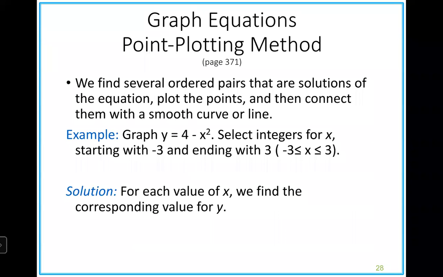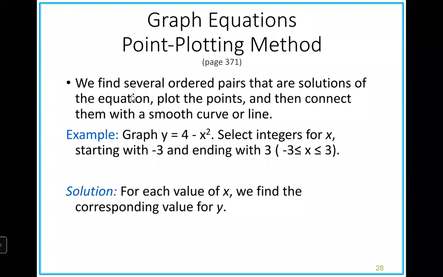Okay, so we're going to look at the process for graphing using the point plotting method. With the point plotting method, what we do is we basically make a table and use a certain range of points to work out the values for x and y, and then we can plot those points on the graph.